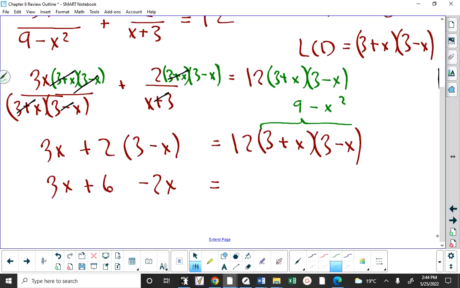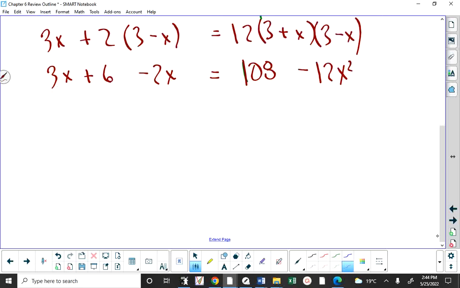So if I multiply that by the 12, 12 times 9 is 108. And then we have 12 times negative x squared is negative 12x squared.